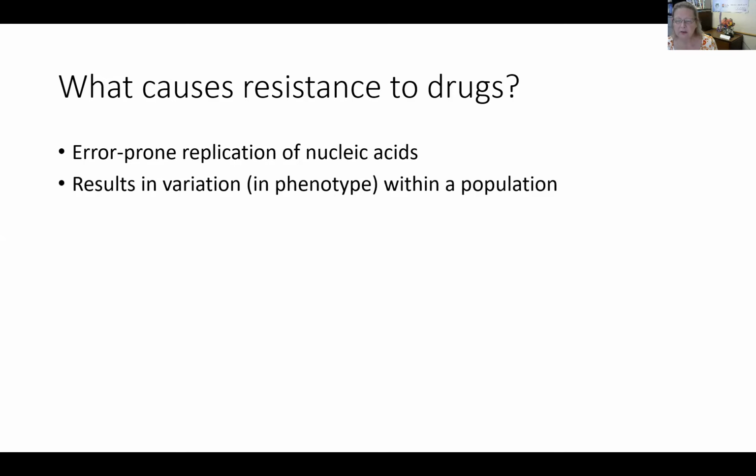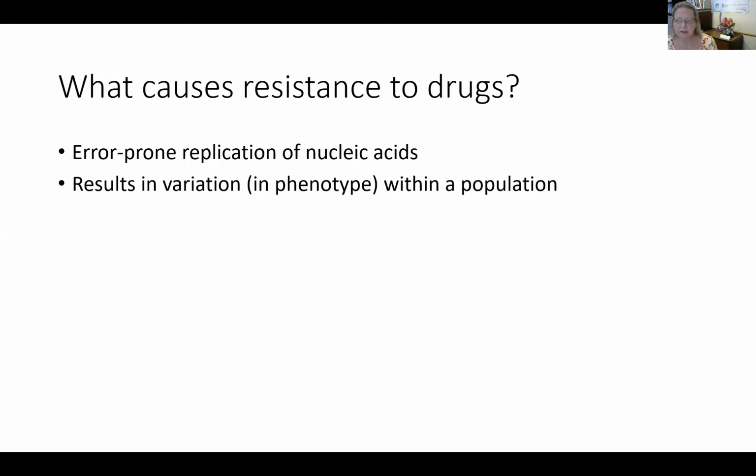Viruses in particular, a lot of them aren't double-stranded nucleic acids, and therefore there's not the complementary strand to correct any errors that are made. So this results in a lot of variation within a species, within a population.